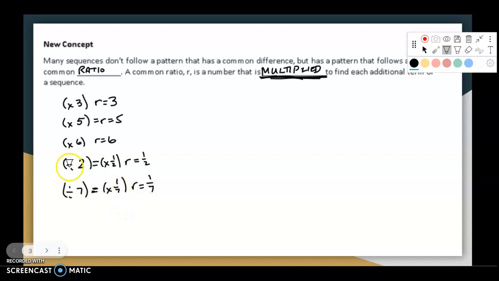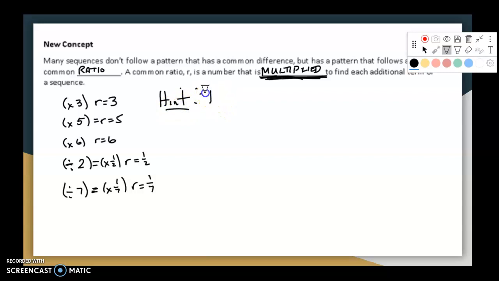So you can see why this idea that division is the same as multiplying by its reciprocal is extremely important, because you can only write down the common ratio as a number that's multiplied. All right, so here is also a hint to find the common ratio.